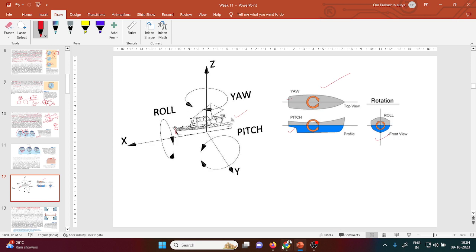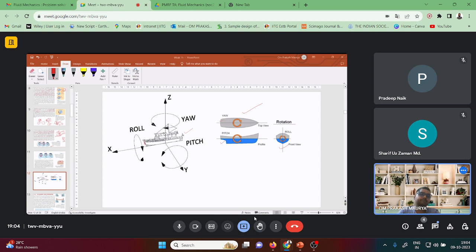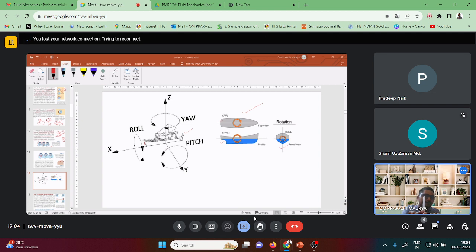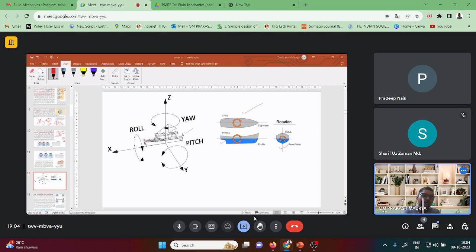Let me show some hand movement on that. Is my hand visible, Pradeep and Sarif? Yes, sir, visible. This is the body, let's suppose this is the ship. If your body is moving like that, and let's suppose some people are sitting on it, here is a pen.